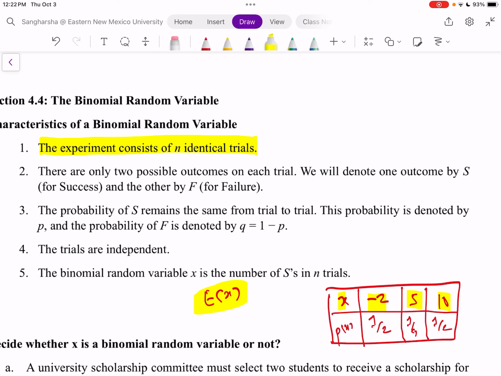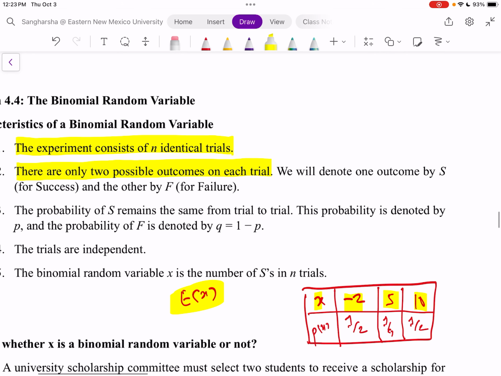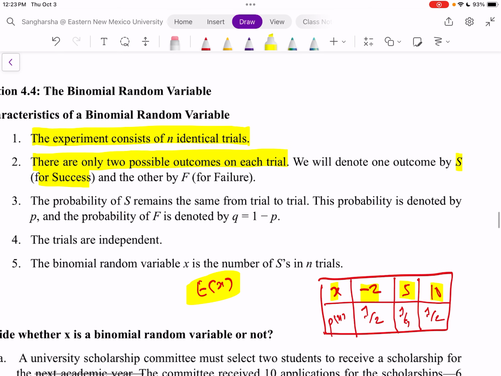The second is that there are only 2 possible outcomes on each trial. In each trial we always get the 2 possible outcomes, and we denote one outcome by S for success, and the other outcome by F for failure.